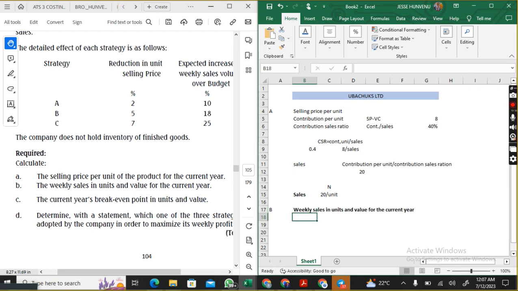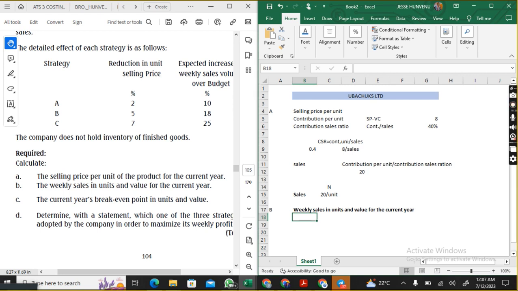You can see, ma, the weekly sales in units and weekly sales in value. Since we are given our weekly sales in units, definitely it is the same way we calculated our sales per unit. Right, ma?